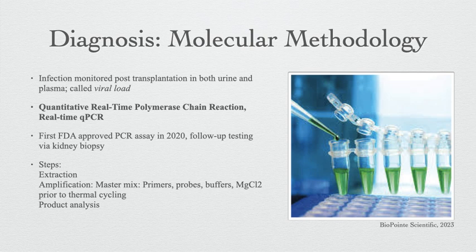This means that prior to that year, all clinical assays used to detect BKV viral particles occurred as a laboratory-developed test. This means that the protocol for running such tests varies from laboratory to laboratory. If the viral load suggests infection, follow-up testing can include a kidney biopsy, which is used to detect the possible kidney damage associated with the virus.